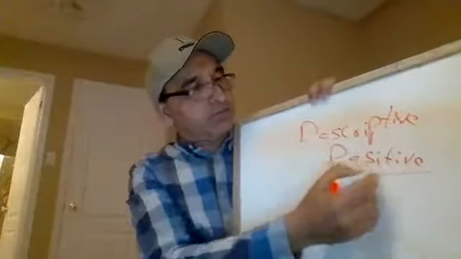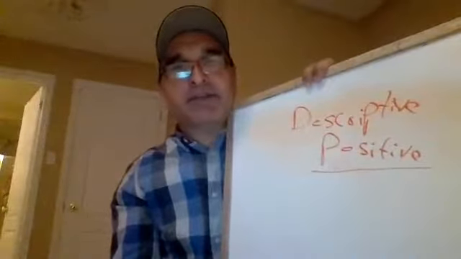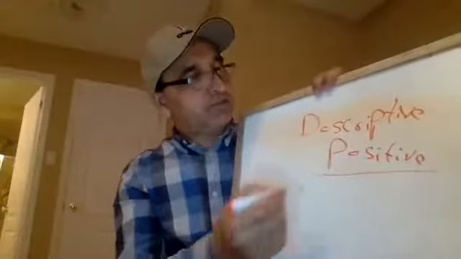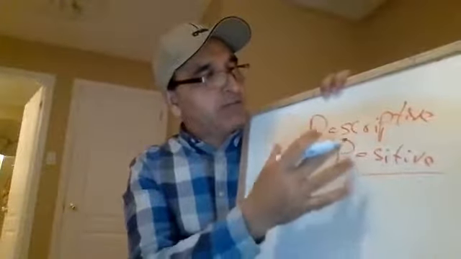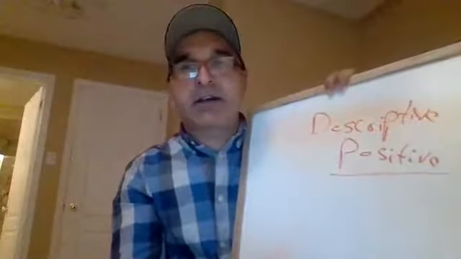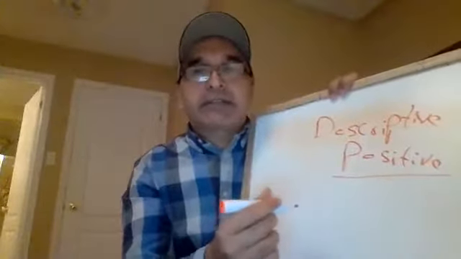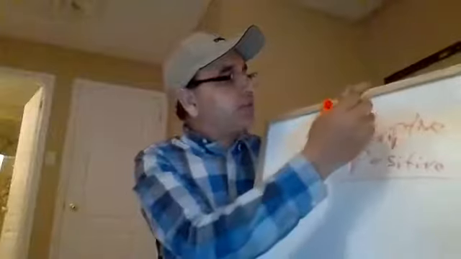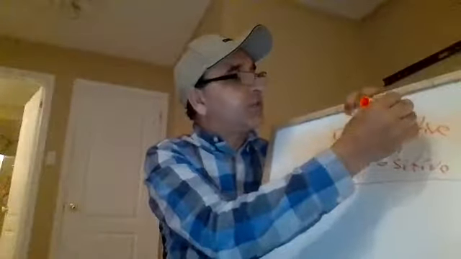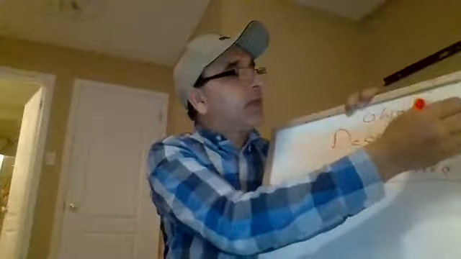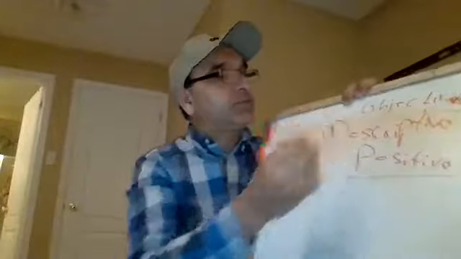Positivism is a very important philosophy. Positivism. This is not that negative-positive thing. Positive here has another significance. Positivism means that when you are objective, like the first one was subjective and this is objective.